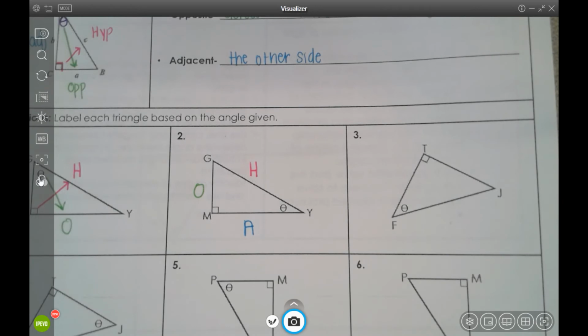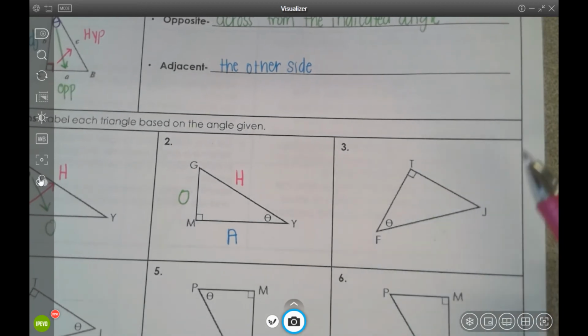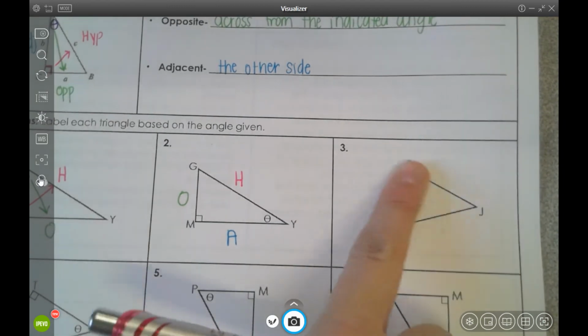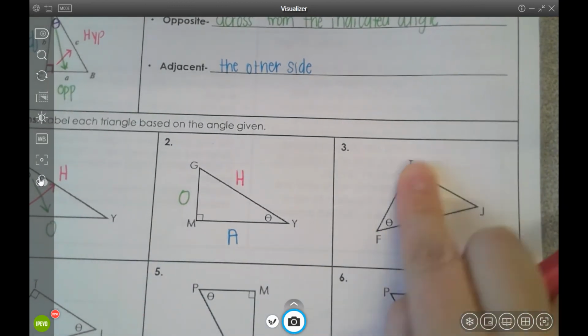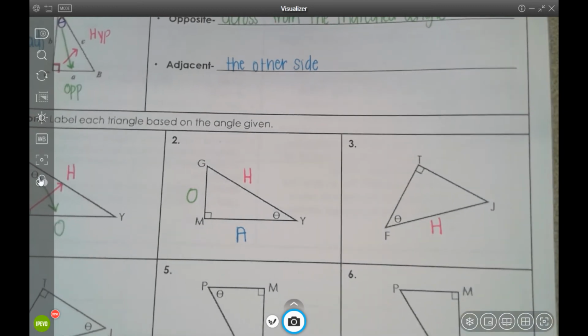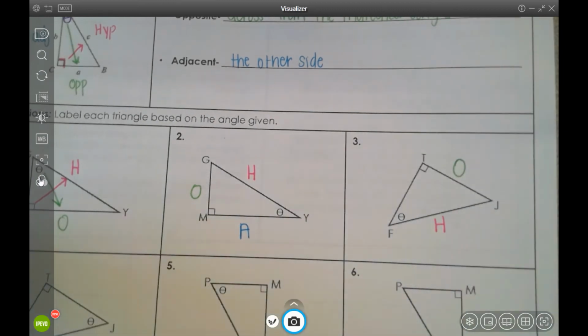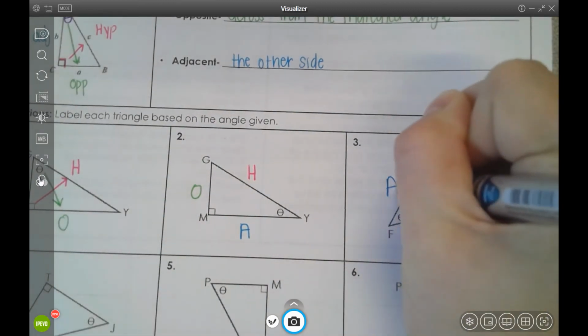So number 3, which side is my hypotenuse? Side what? We don't have the little letter. So like this side over here would be side FJ. FJ would be my hypotenuse. What about my opposite? Yep. And then the other one is my adjacent.